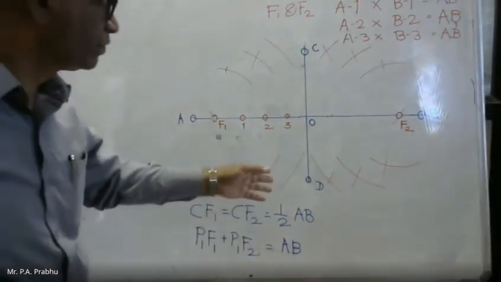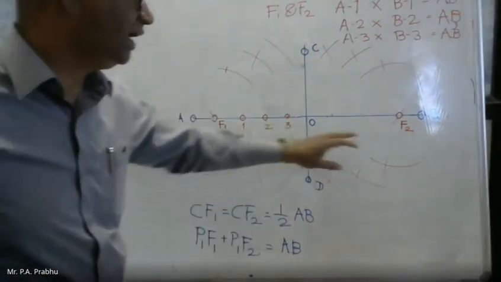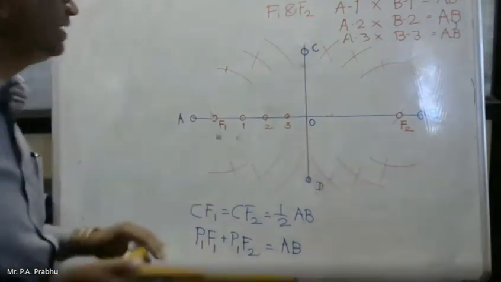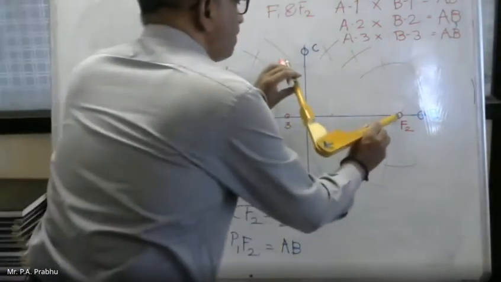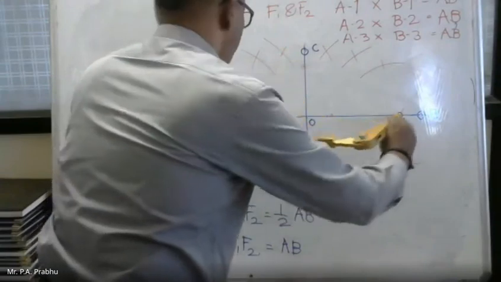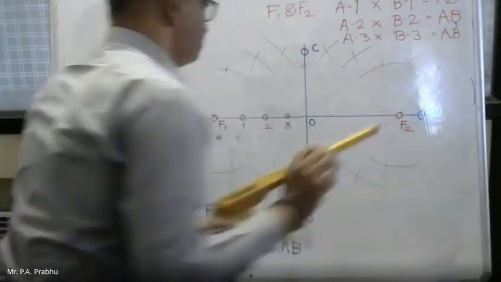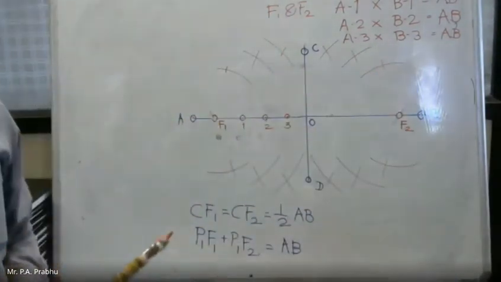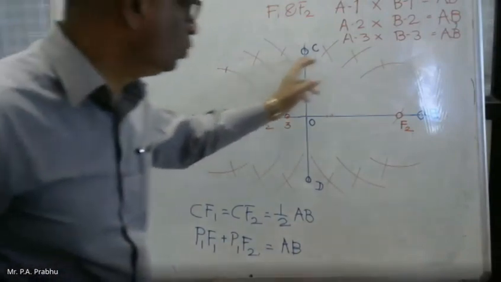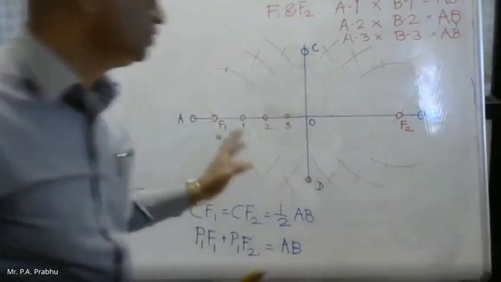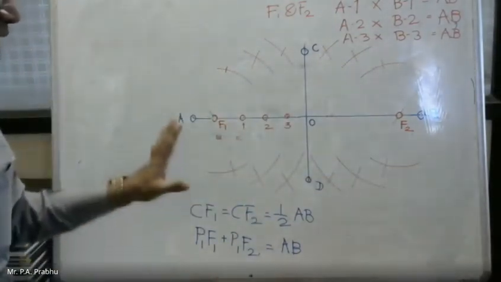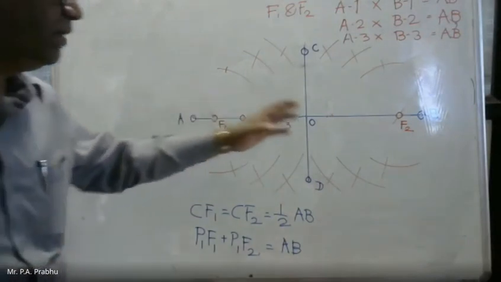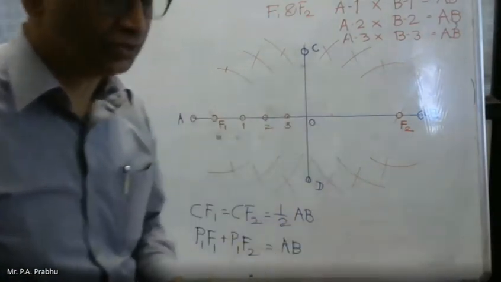So now take F1 and F2 as centers and intersect the first two arcs. So we have found a total of 3, 6, 9, so a total of 12 points, plus the end of the major axis and the end of the minor axis. Okay.